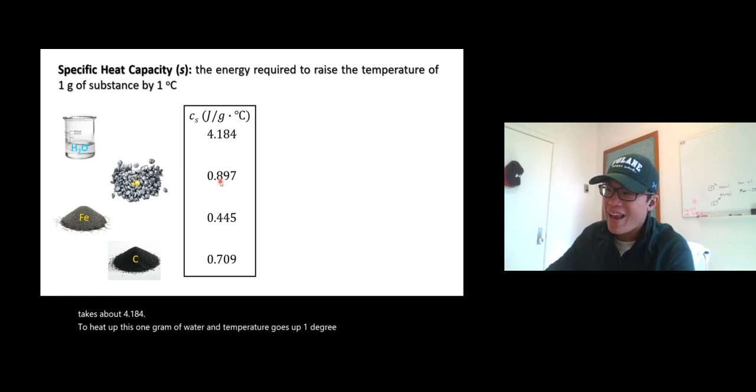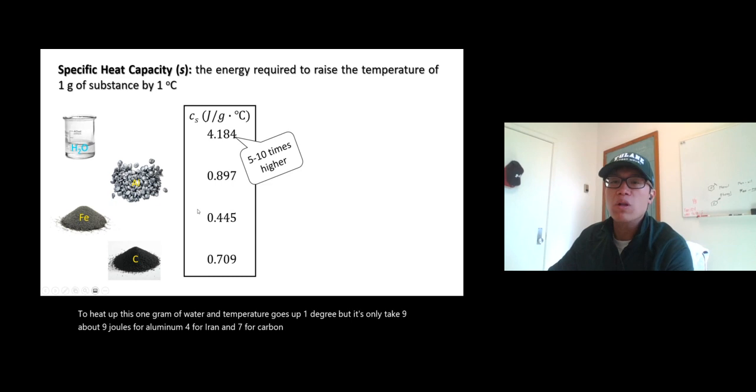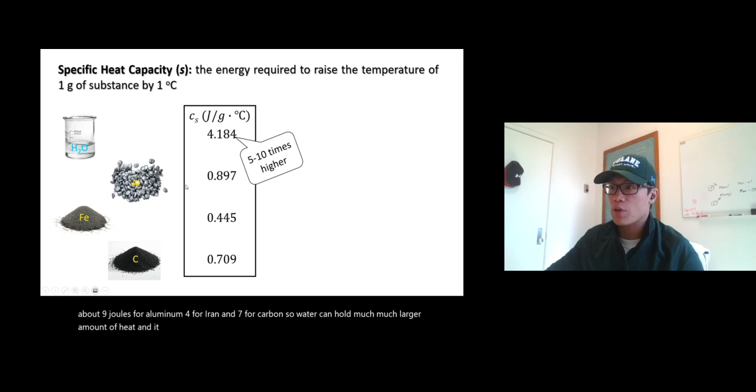But it only takes about 0.9 joules for aluminum, 0.4 for iron, and 0.7 for carbon. So water can hold a much larger amount of heat, and it resists change of temperature. That's what we call specific heat capacity, 5 to 10 times higher than other elements.